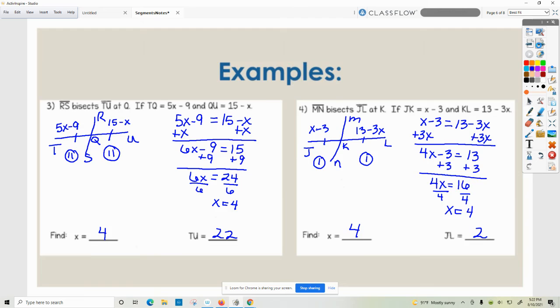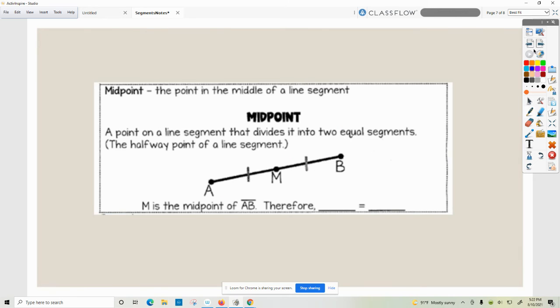Okay. And the last thing that we'll talk about today is a midpoint. Your midpoint is the point in the middle of a line segment. So it acts like a bisector to that little segment. So a point on the line segment that divides it into two equal segments is the halfway point. So therefore you have a midpoint, which like a bisector is going to split it in half.